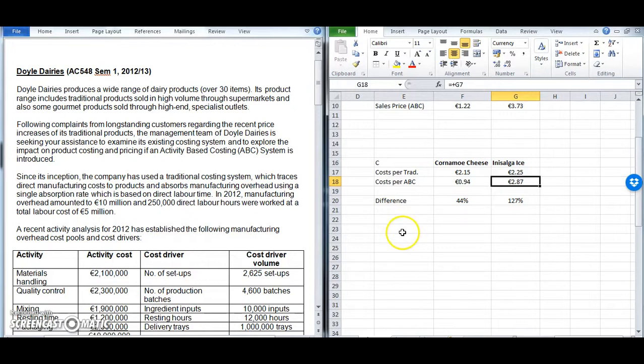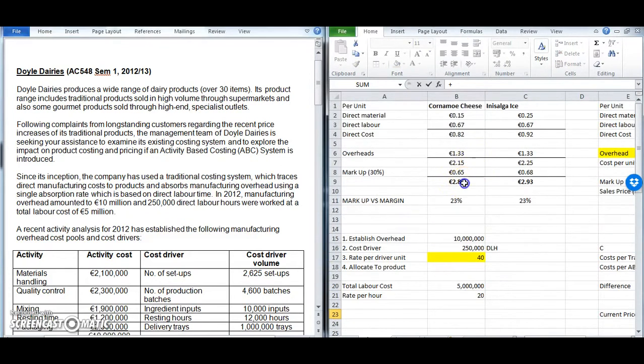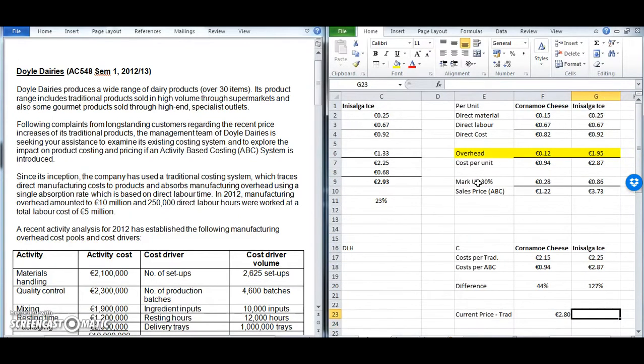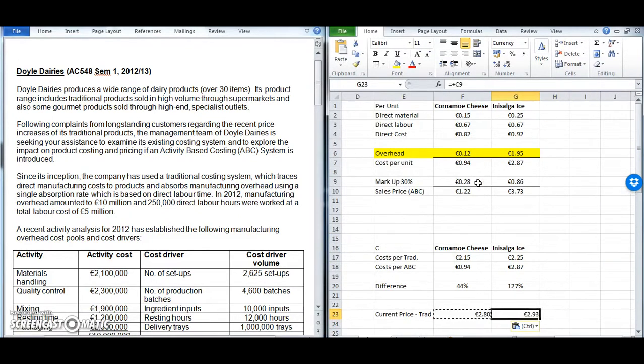Final things good students may do is compare current price. So compare the current price based on the traditional system. So we said we're going to charge $2.80 for Carnamore Cheese, and you're going to charge $2.93 for Insallig Ice based on the ABC cost.